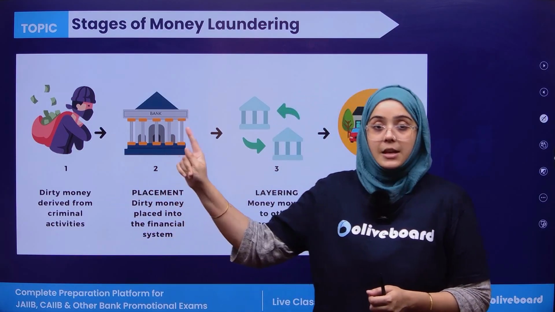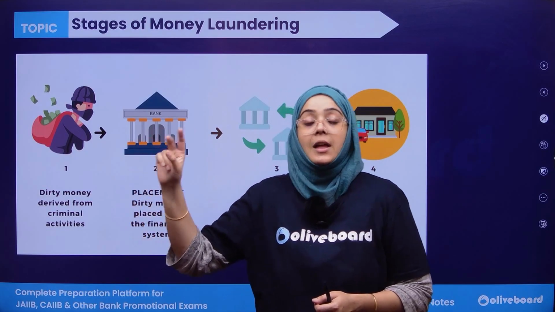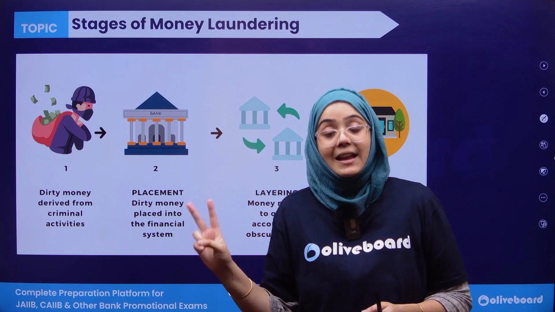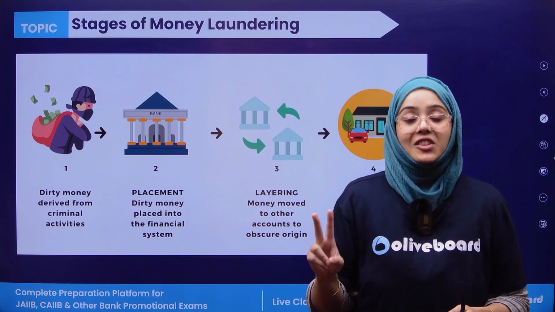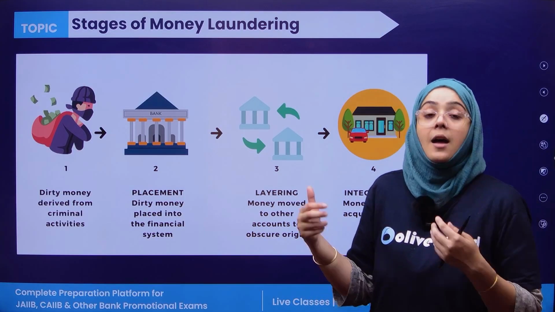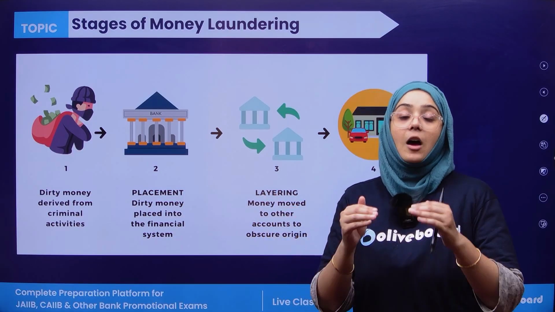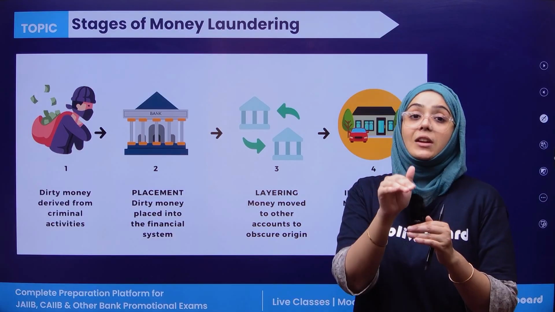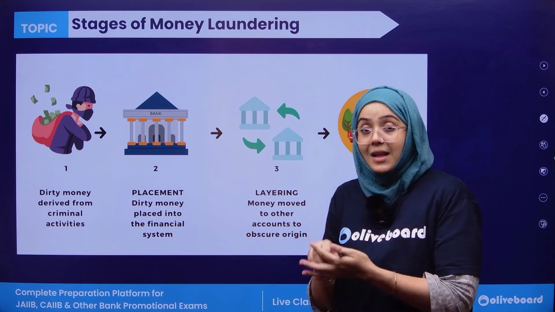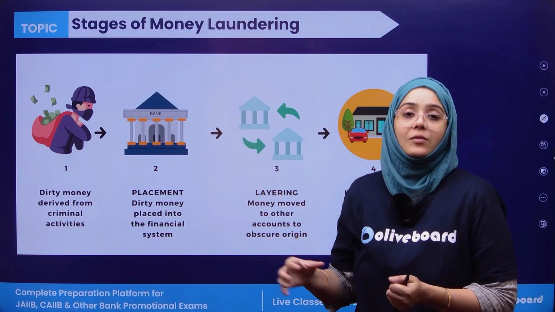First of all, the dirty money. Dirty money means money earned from an illegal source. Then there is a process that comes as placement. Now you have placed this into the financial system by depositing it into the account. Then the account is layered, which means this fund is layered with different types of legal financial transactions, or the fund from this account is moved to a different account, so as to hide the original source of this fund.